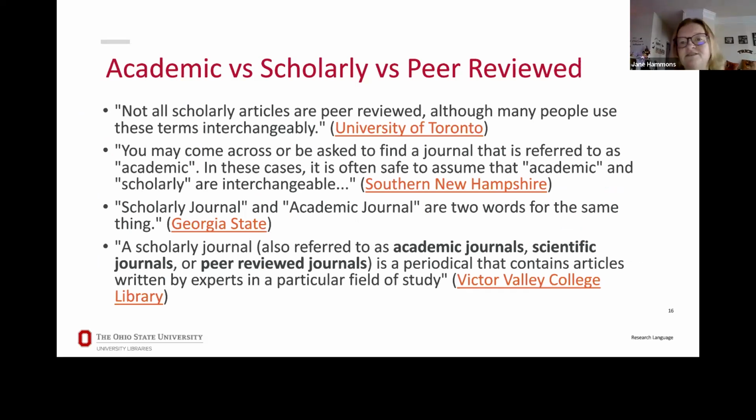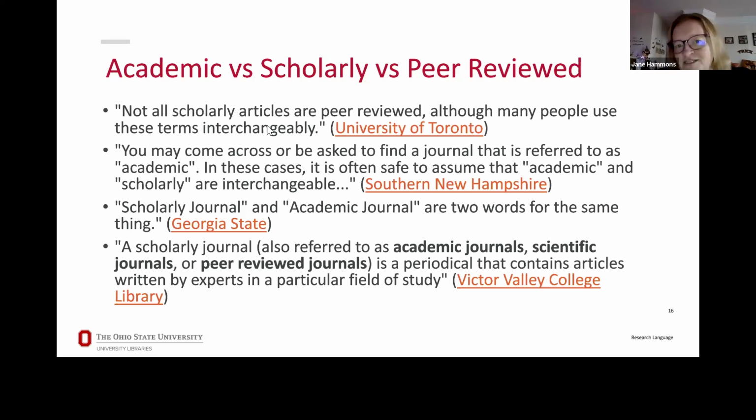The next guidance seems to say that academic and scholarly are usually considered interchangeable. The third link says scholarly journal and academic article are two words for the same thing. And then the final one puts all of these categories together, that scholarly, academic journals, scientific journals, and peer-reviewed journals, basically presents them as being the same thing, right?